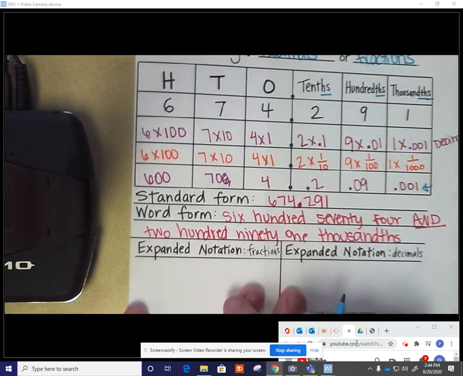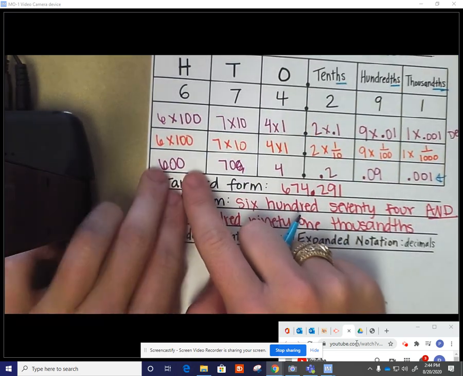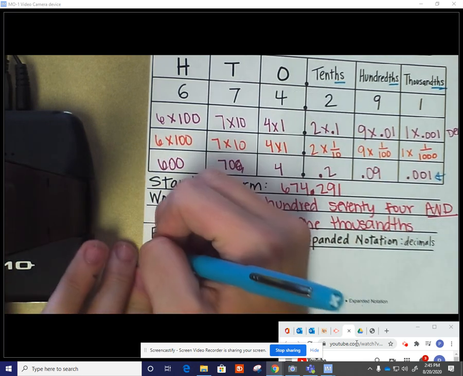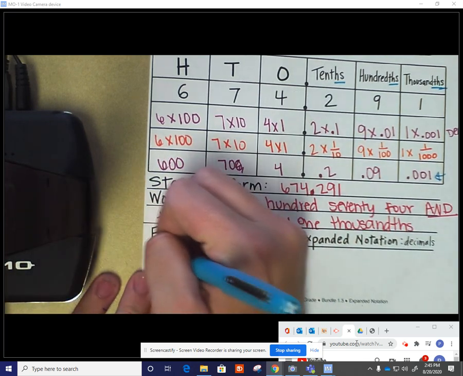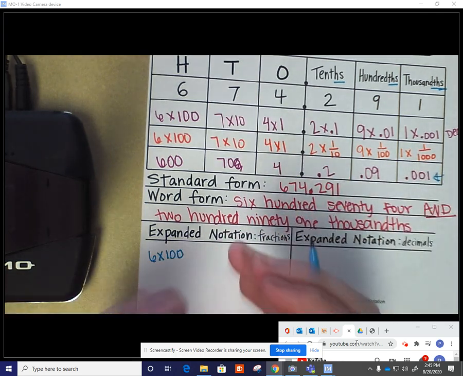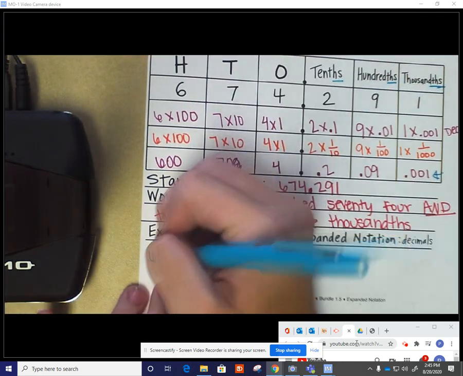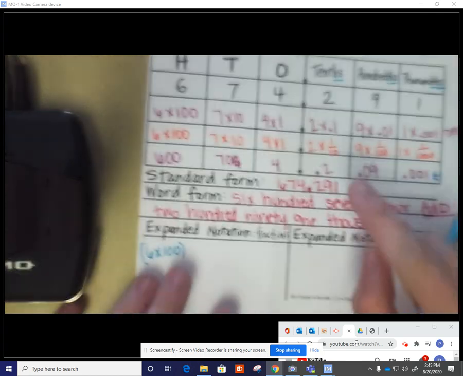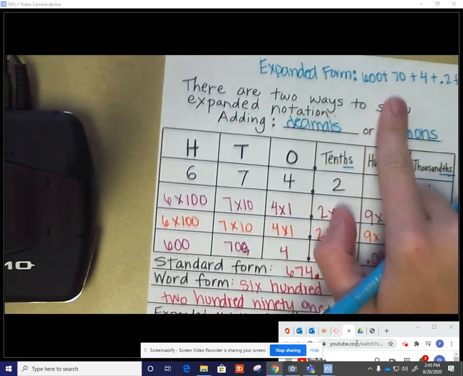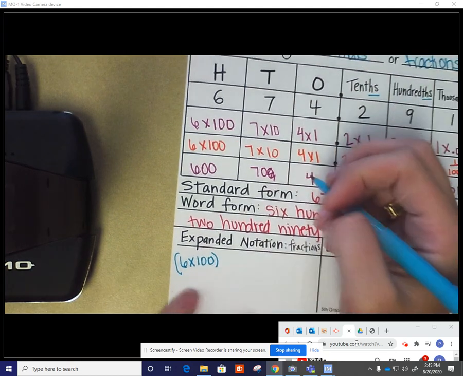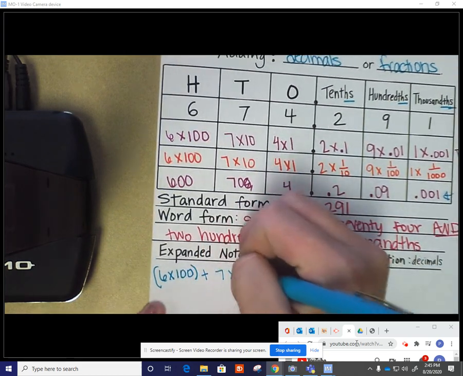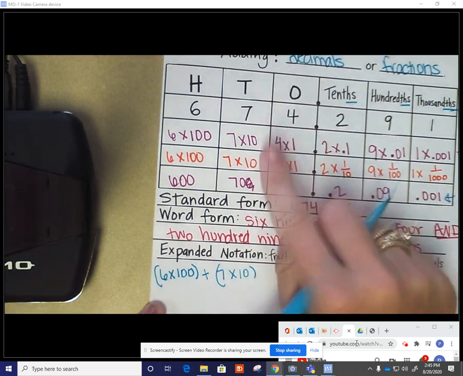We want to do expanded notation. So as a fraction, let's look at our fraction line. Okay, we have 6 times 100. And to group that as one section, we're going to put parentheses around it because that's how we group things. And then just like this, we're going to add it to our next group. So for fractions, we have 7 times 10. I'm taking that from right here.